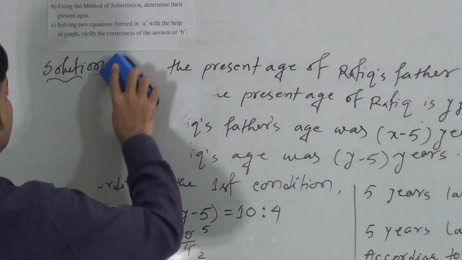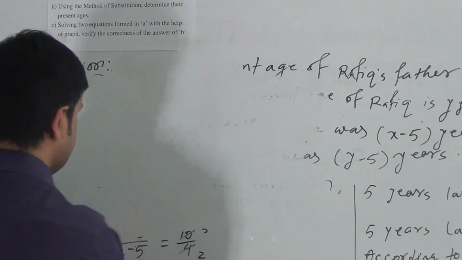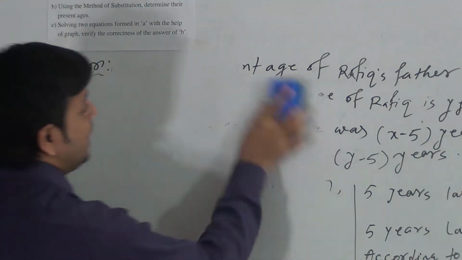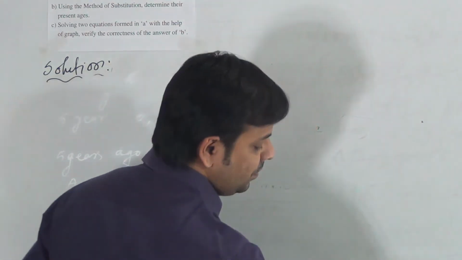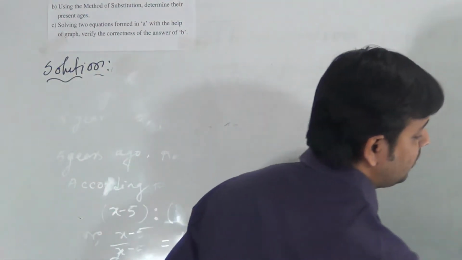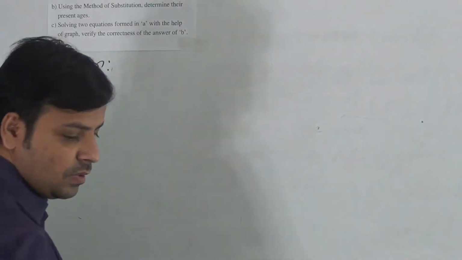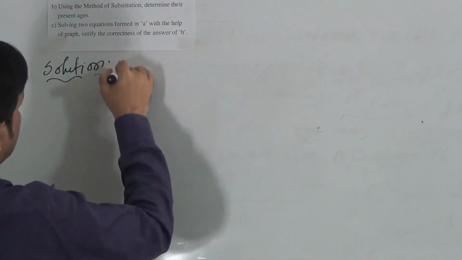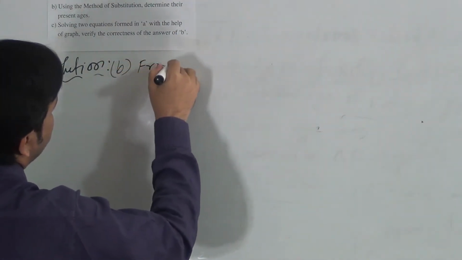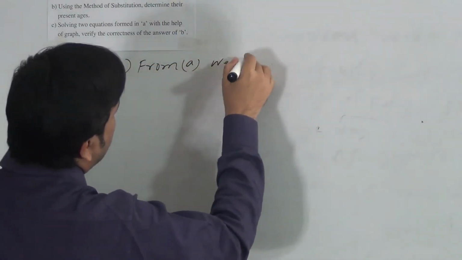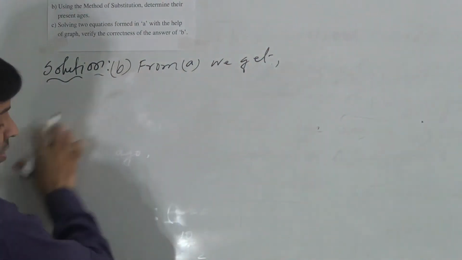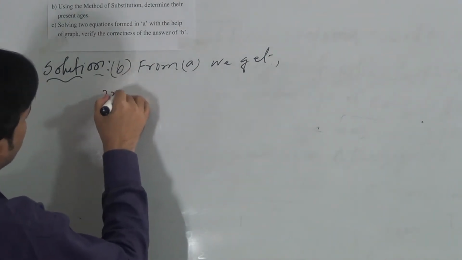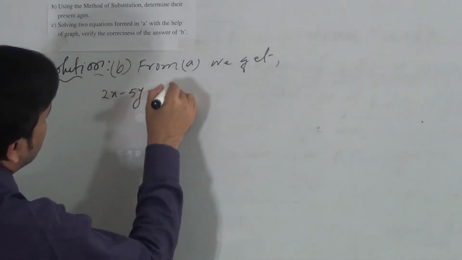Solution of B. From A we get the first equation: 2x minus 5y equal to minus 15.